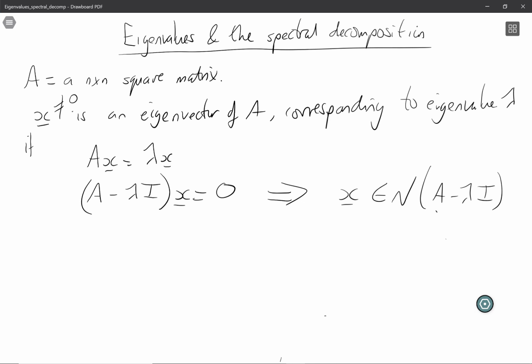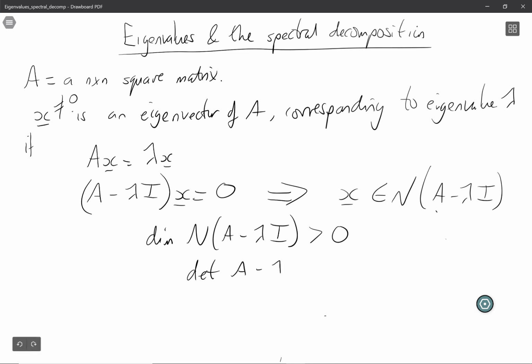If X is in the null space of A minus lambda I, that must mean the dimension of this null space is bigger than 0. It's at least one. There's at least one non-zero vector in there. So the transformation can't be invertible, and so we must have the determinant of A minus lambda I is 0.